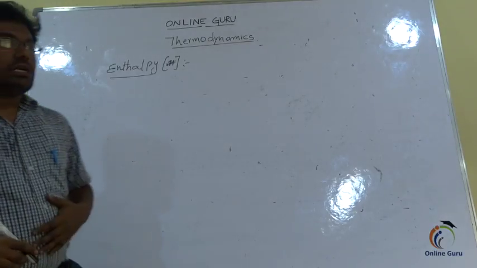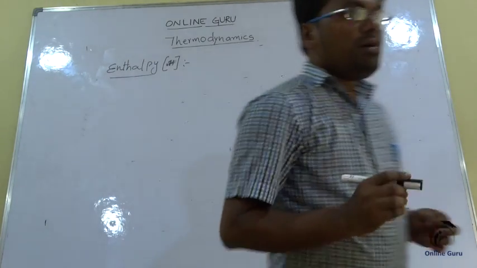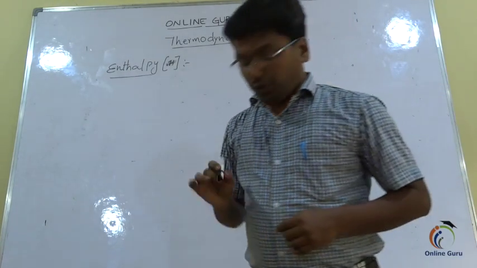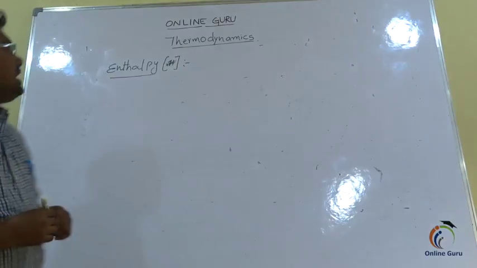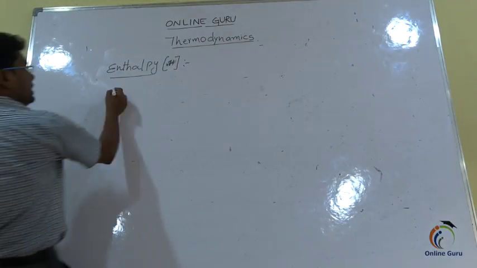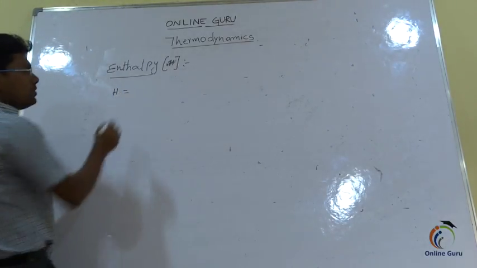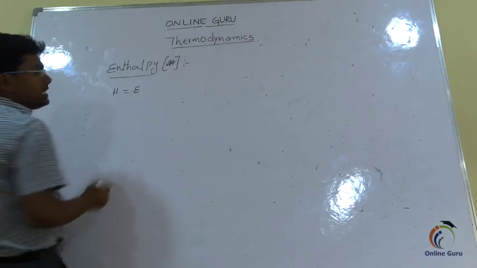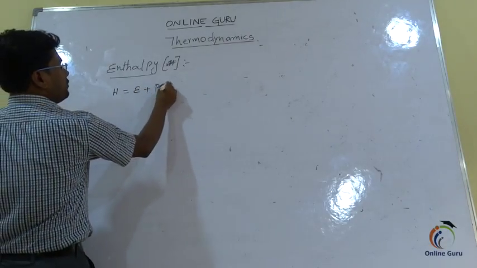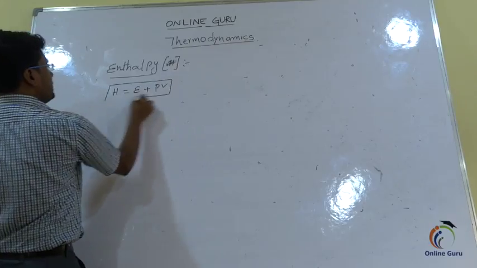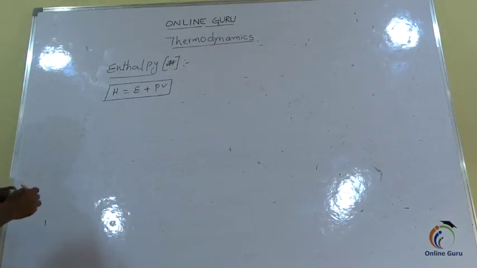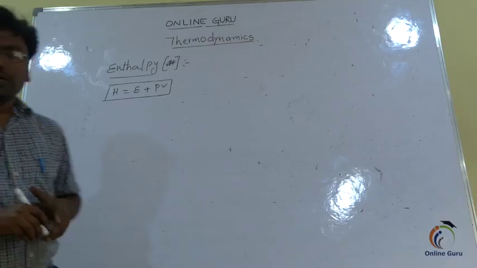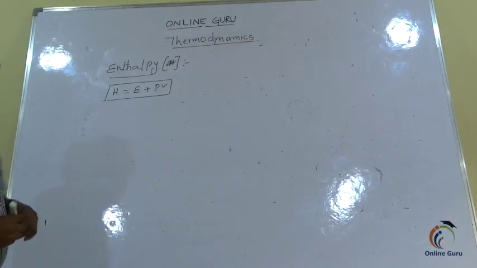One more definition: the sum of internal energy and the product of pressure and volume is called enthalpy. So H is equal to the internal energy E plus the product of pressure and volume, PV. Simply we can say that the total heat content of a system is called enthalpy.